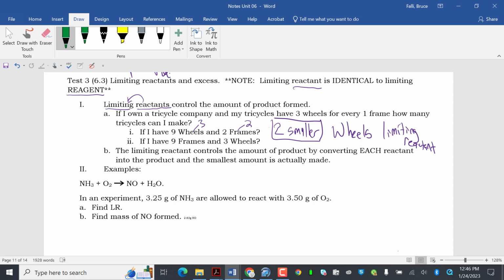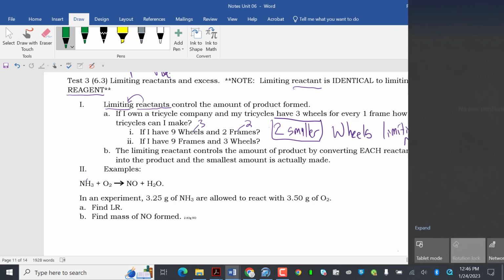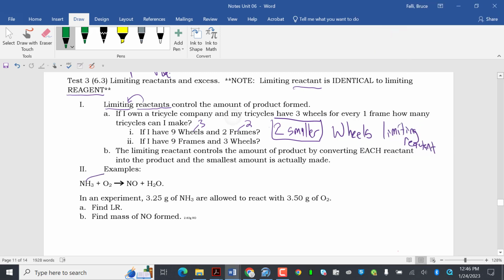So in an experiment, 3.25 grams of NH3 are allowed to react with 3.50 grams of O2. Find the limiting reactant. So this means we've got to do kind of the same problem twice. I'm going to convert my grams of NH3 into water, because I know the molar mass of water. Oh, no, I'm not. It says find the mass of NO. So see question number 2.